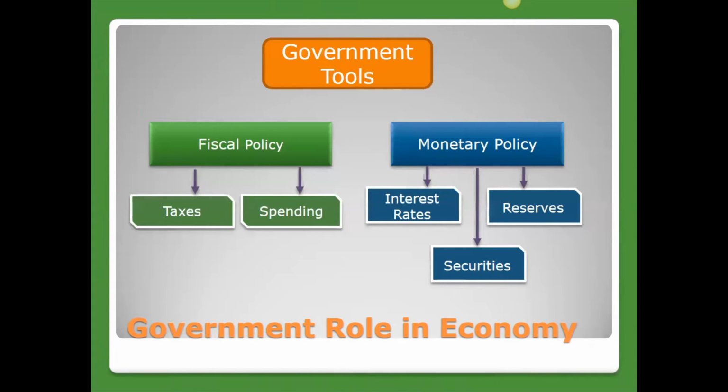Fiscal policy is the government's policy in regards to taxes and spending, and we'll take a deeper look at that in just a minute, whereas monetary policy is implemented more through the Fed, the Federal Reserve Bank, and has to do with interest rates, bank reserves, and securities. We'll take a look at both of these policies in a little more depth, and then at what impact these will have on our trading.